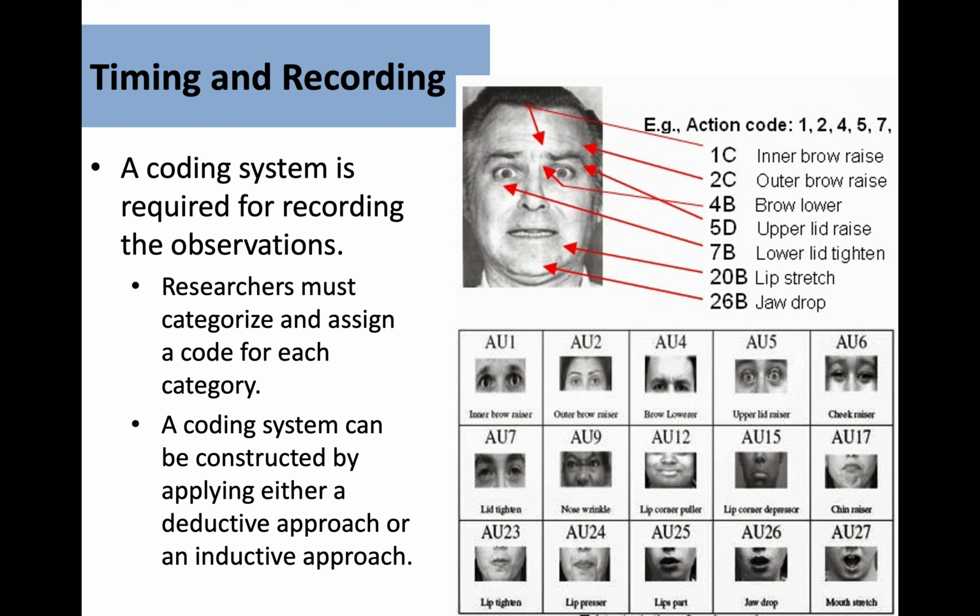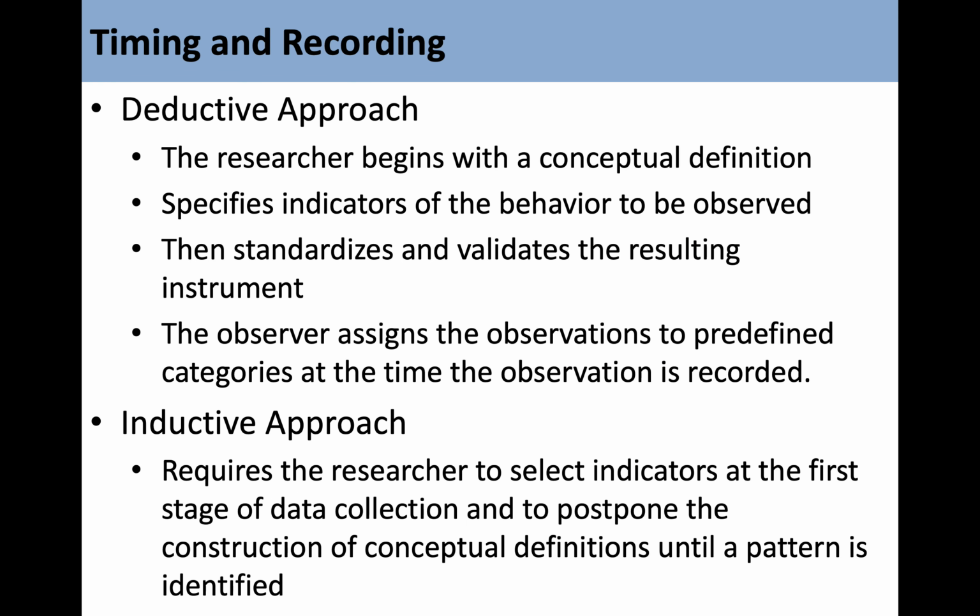A coding system is required for recording the observations. Researchers must categorize and assign a code for each category. A coding system can be constructed by applying either a deductive approach or an inductive approach. In the deductive approach, the researcher begins with a conceptual definition, specifies indicators of the behavior to be observed, and then standardizes and validates the resulting instrument.